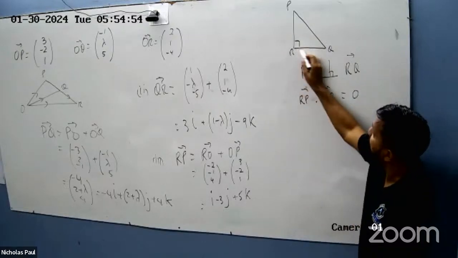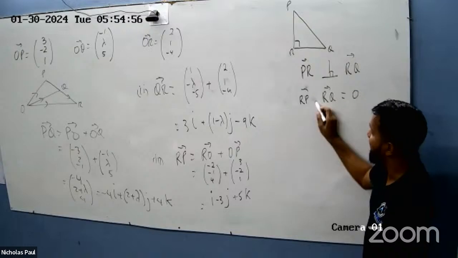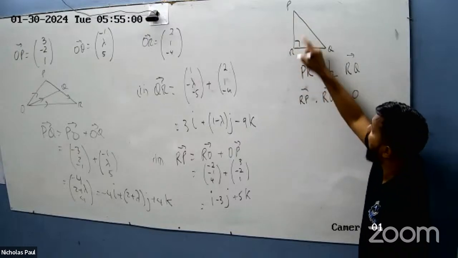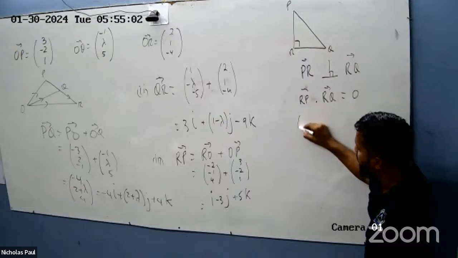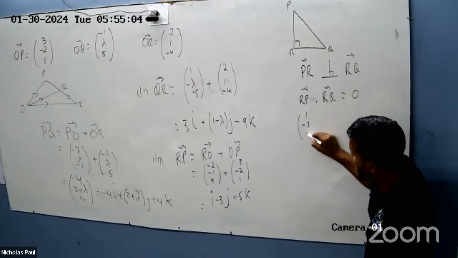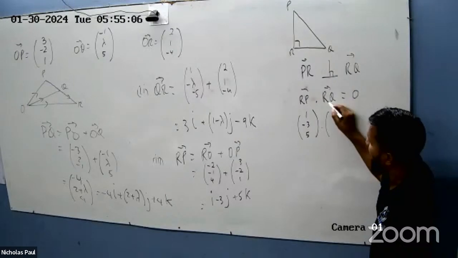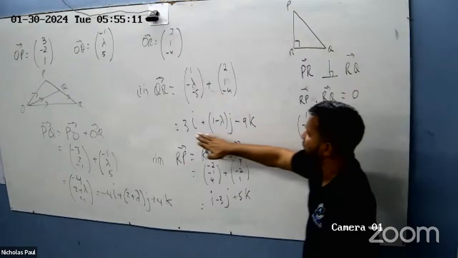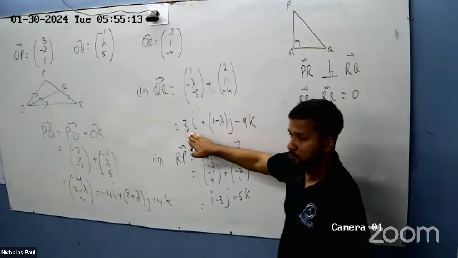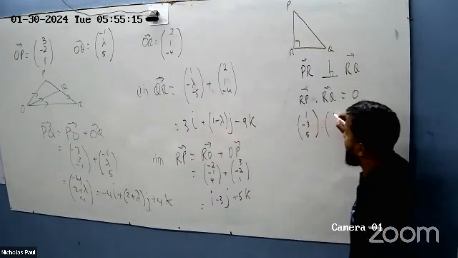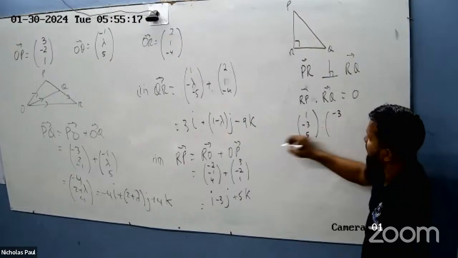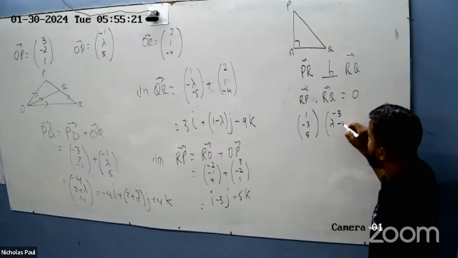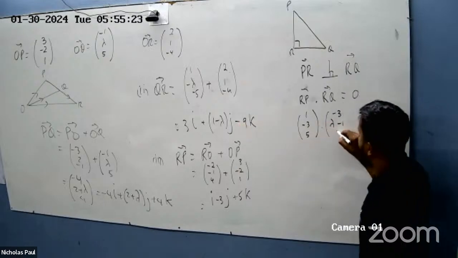The vector is at R. So RP, we have it there: 1, minus 3, 5. RQ is here. So this is QR, right? So RQ will be -3, a change in the signs here. So that will be lambda minus 1, and -9 becomes +9.